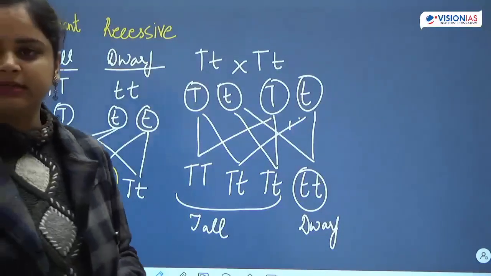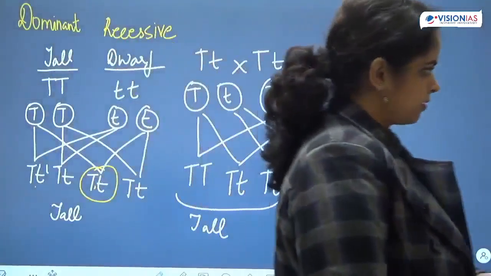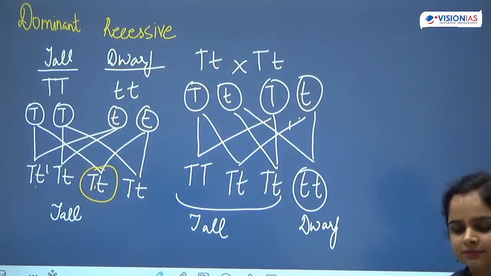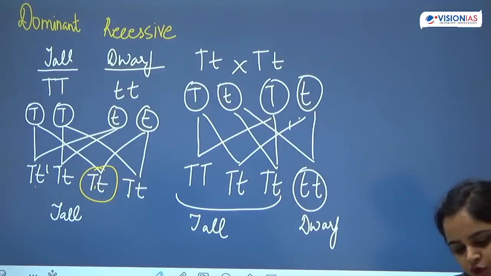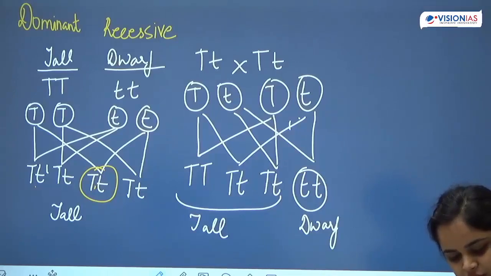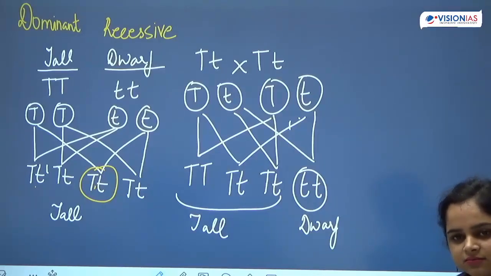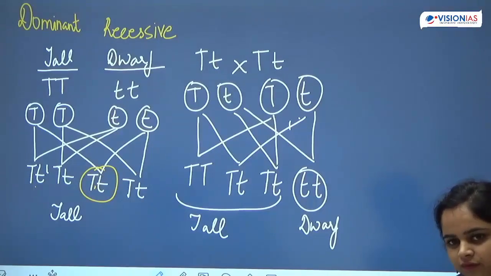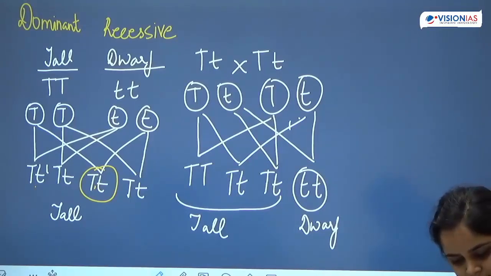The dominant trait is the one which overrides the effect of the other trait.